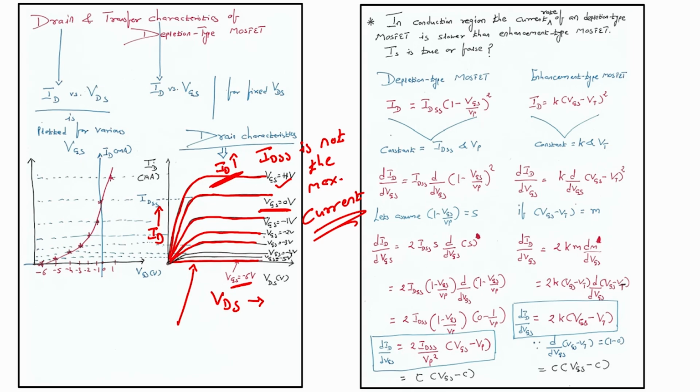So, the drain characteristics is ID versus VDS, while the transfer characteristics would be ID versus VGS for fixed VDS. Let us draw the transfer characteristics. I will draw an x-y plot like this.